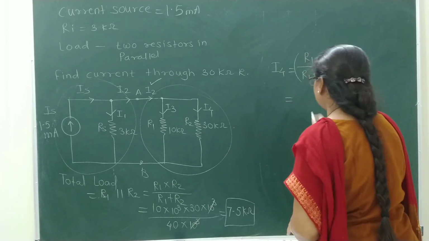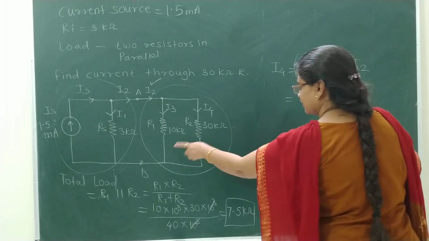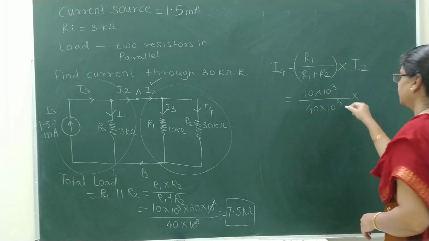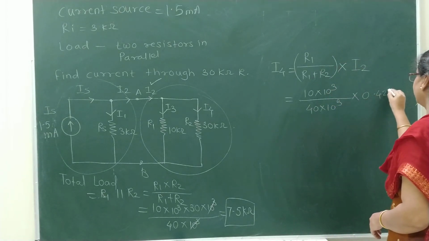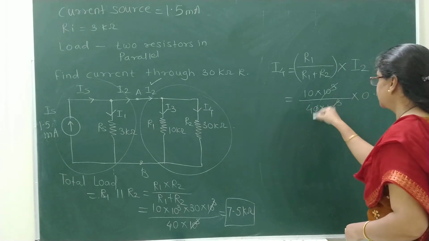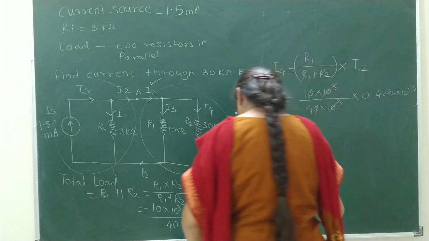How much is R1? It is 10K, 10 into 10 raised to 3 upon R1 plus R2, that is 40 kilo ohm, 40 into 10 raised to 3, into I2, 0.4286 into 10 raised to minus 3. 10 raised to plus 3 here gets cancelled, 1/4 part.